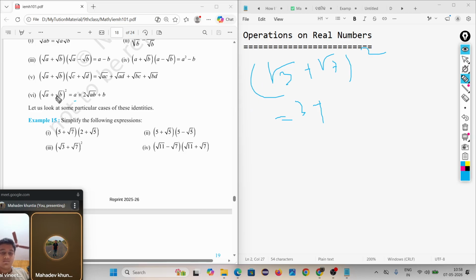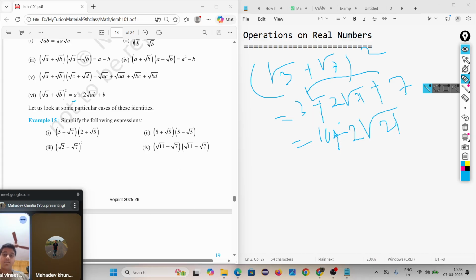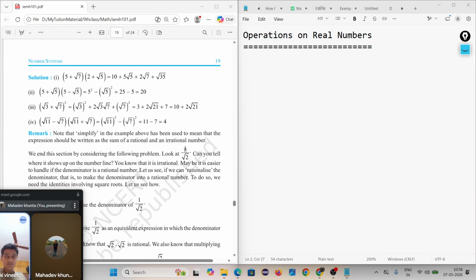Here is root A. If you square the root A, your answer will be A. Yes, sir. 3 plus 2AB. 2 into AB will be 2 into 3 times 7, 21, root 21. Plus B, 7. 7 plus 3 is 10, plus 2 root 21.